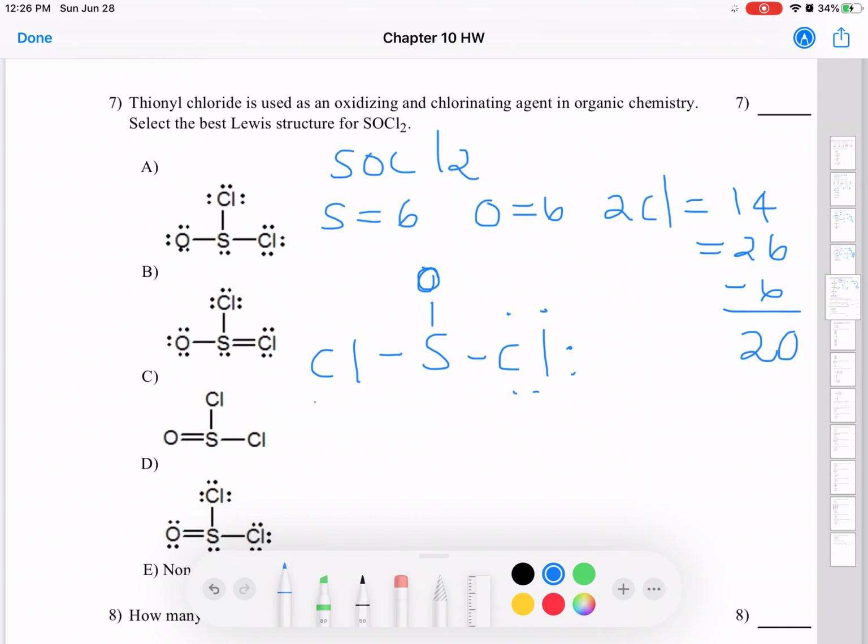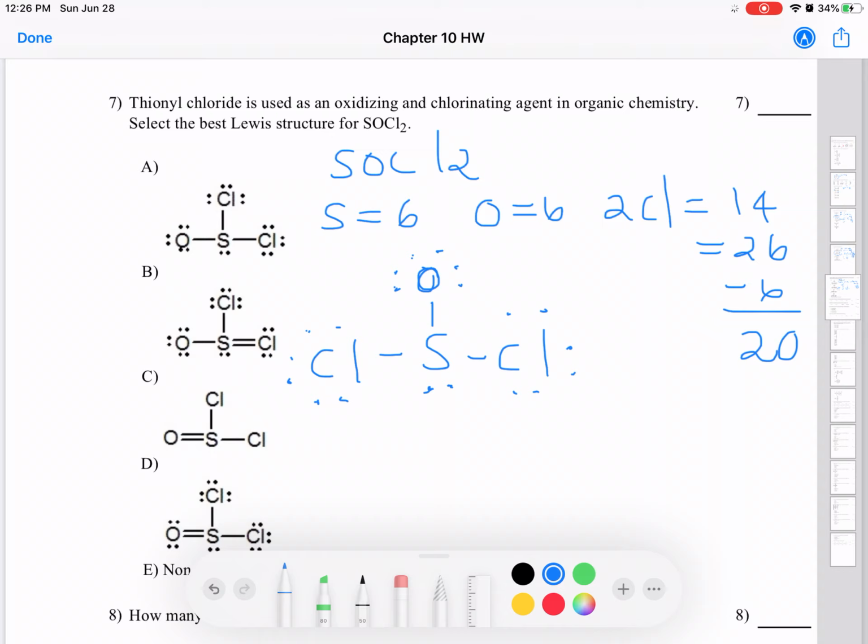So we put 6 there, and another 6 over here. And then you put another 6 on oxygen. So 6 times 3, 18. So we are left with 2 more electrons. If you put that on sulfur, you put it like that.